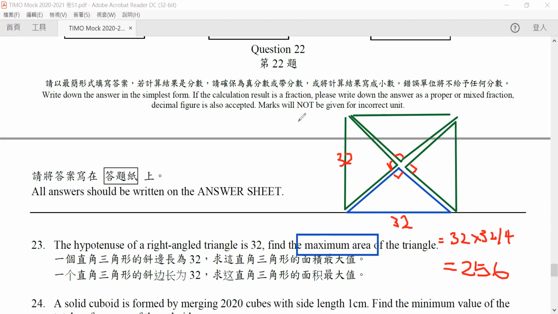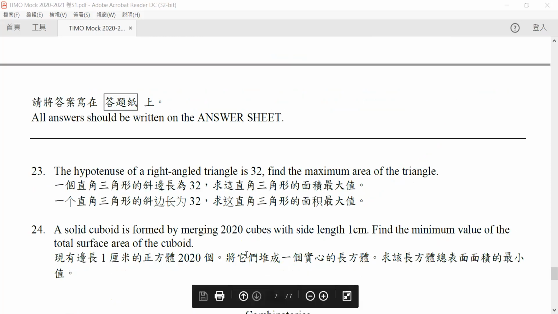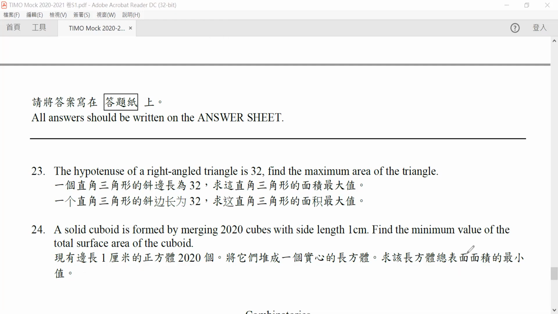Question 24. Now we have cubes with a length of 1. How many of them? 2020. If we want to make a cuboid, what's the smallest total surface area?